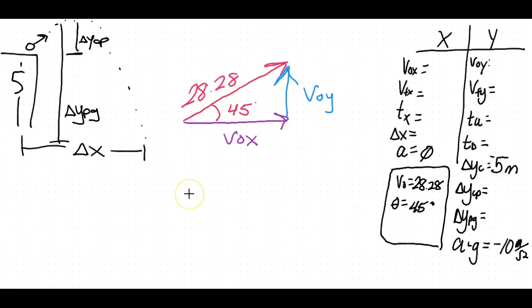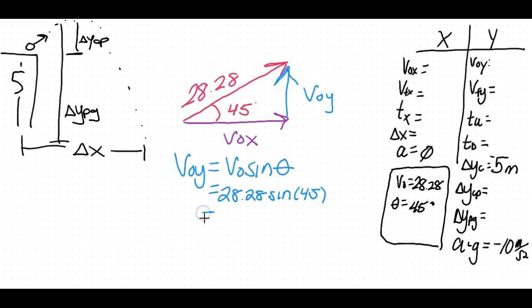So the trig operation, v initial y is on the other side of the triangle from the angle. So that means that v initial y is v initial times the sine of your angle. So that's going to be 28 sine 45. Alright, and that is going to end up being 19.99 meters per second.